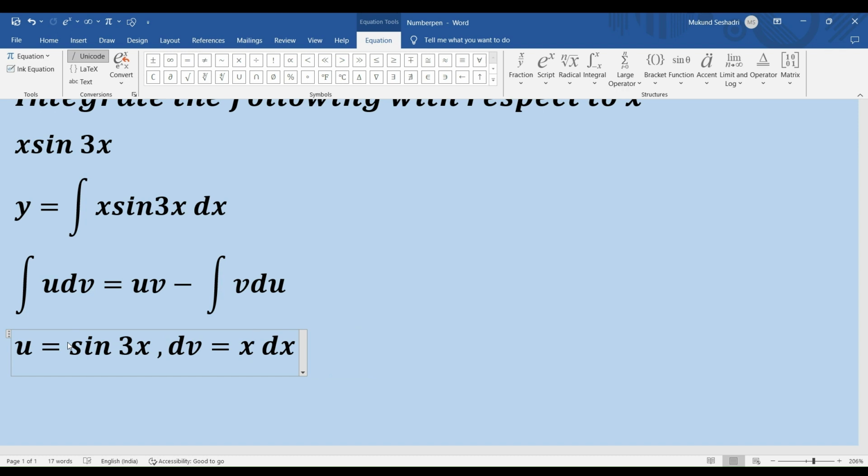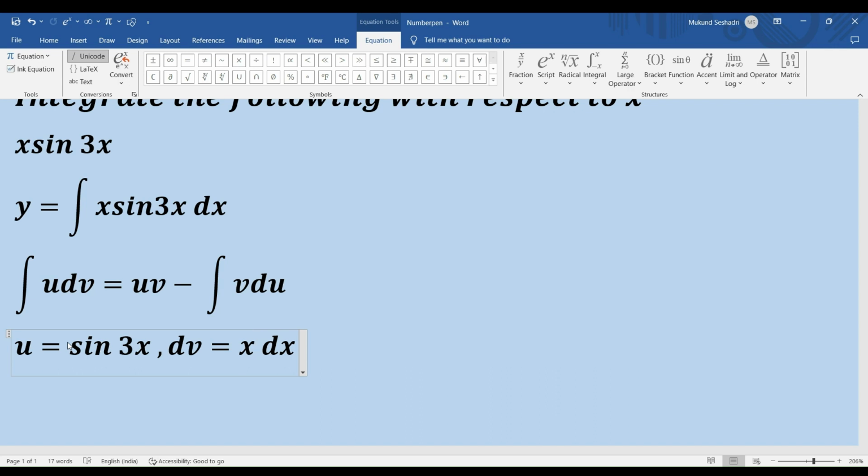So I will know what is my v because my dv is in a format whose antiderivative I know from first principles. But then when I go to my v du, right, I will again have an expression of the format integral of v, which is x squared by 2, times du, which is minus cos 3x into 3, right?